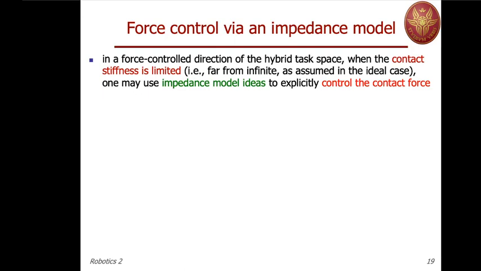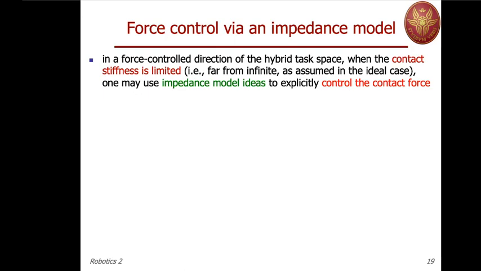So the task frame is actually, in this context, only a selection of direction where to control force and where to control motion. In the force control direction, you can assume that everything is rigid and apply the method that we have seen before.